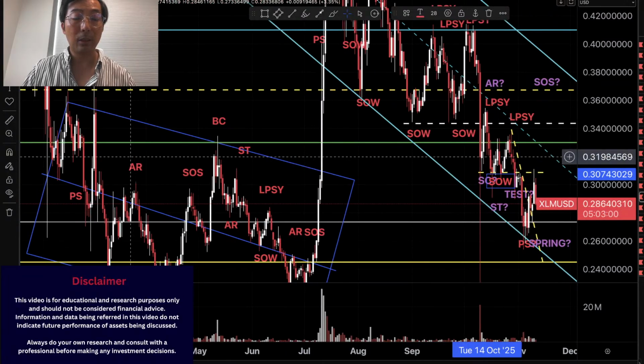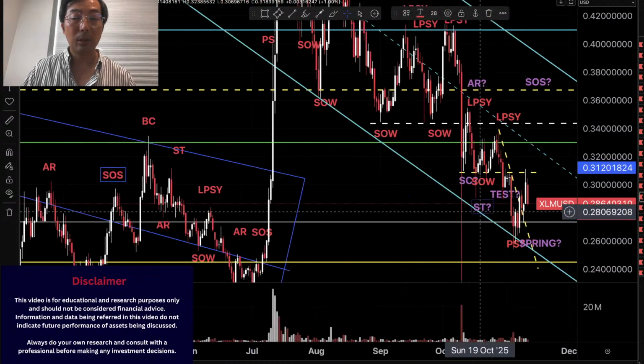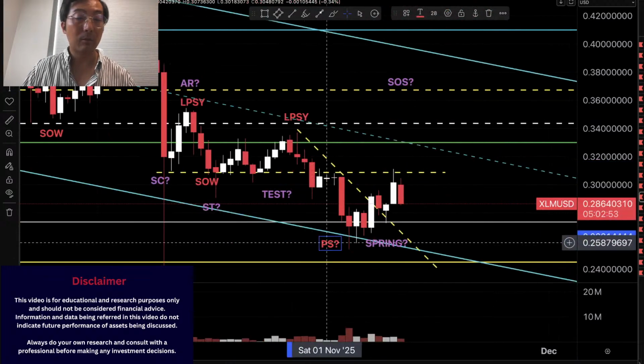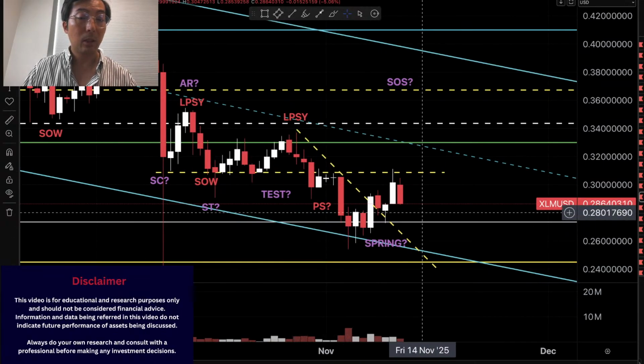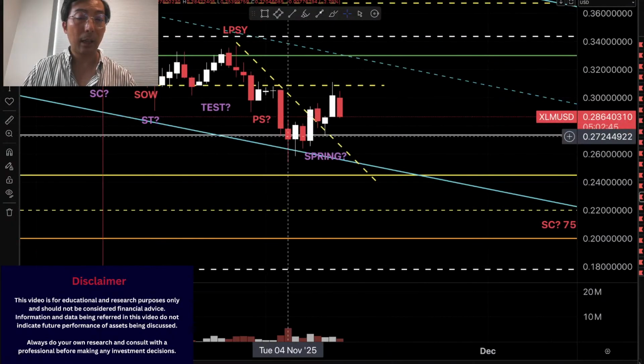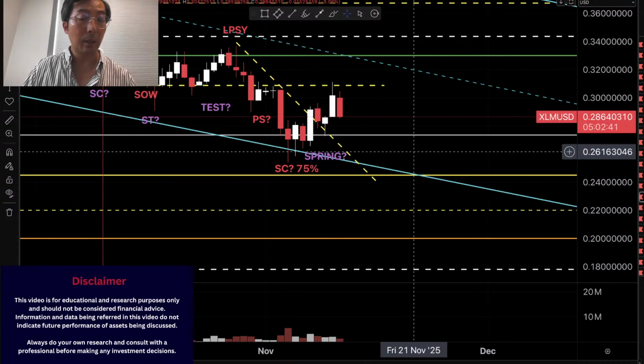Alright, there was an accumulation here and also a mini distribution. We were discussing, if this is the red scenario, we probably haven't seen the selling climax yet, while the one that happened on November 4th may be the selling climax.